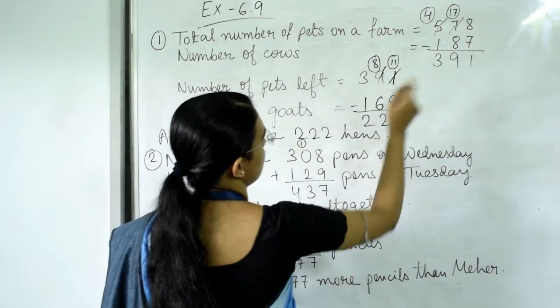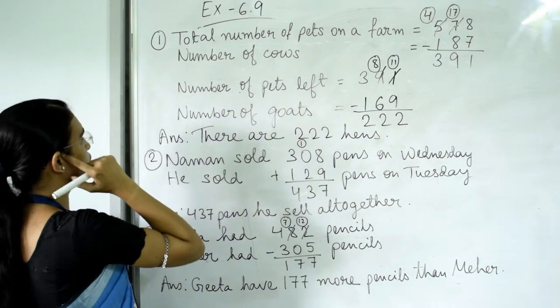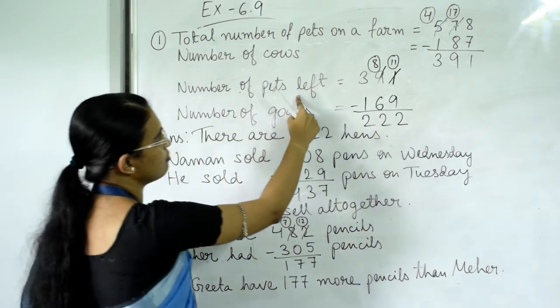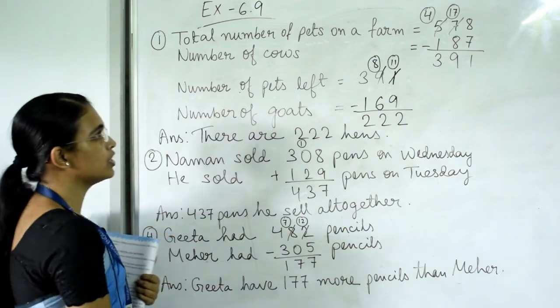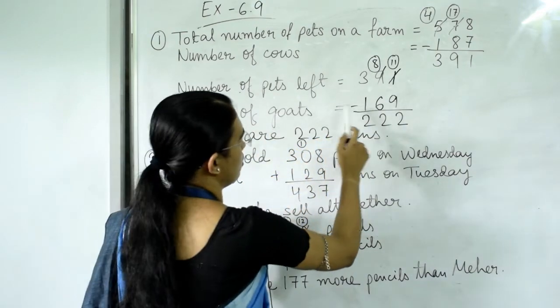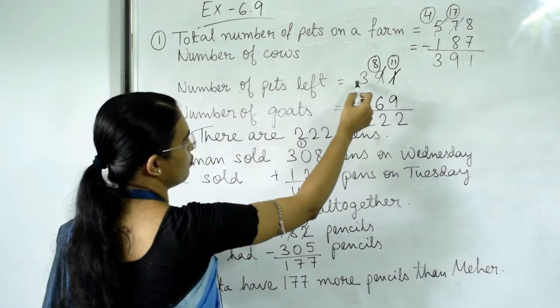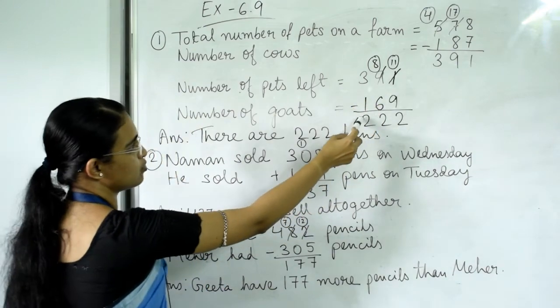So the answer is 399. After that, we have to write here number of pets left is 391. Then number of goats, how many goats are there? There are 169. So from 391 we have to subtract 169.